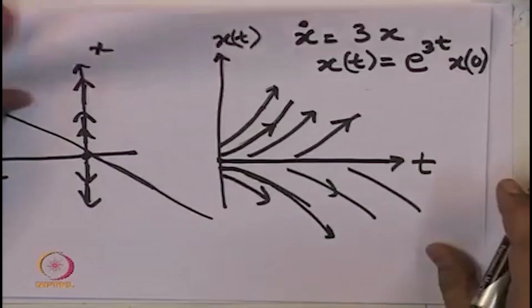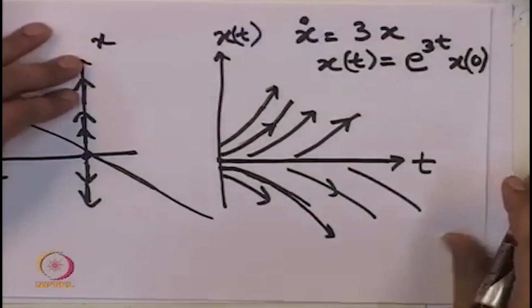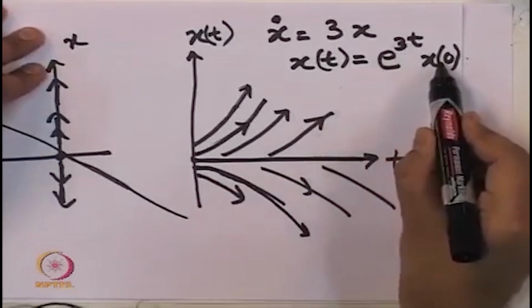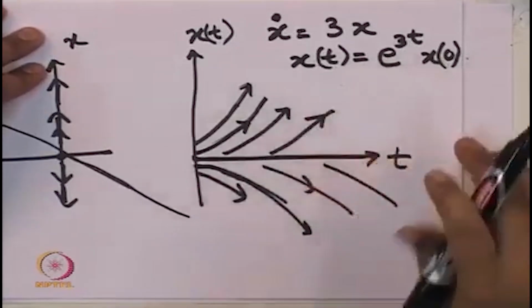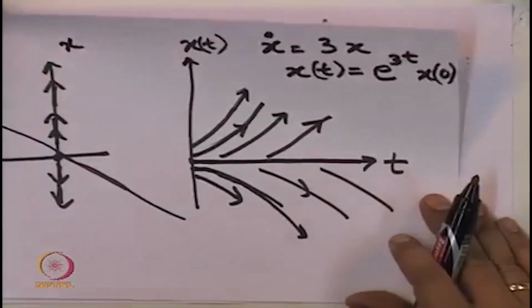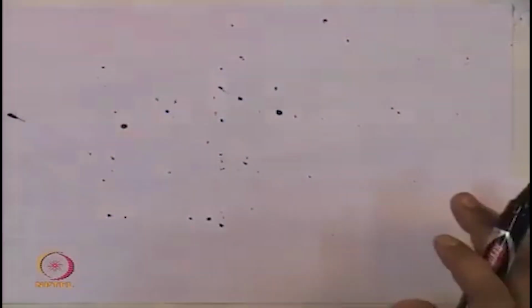Which equilibrium solution? The initial condition corresponding to 0, in which situation e to the power 3t times 0 will always be equal to 0, no matter what time instant t we are interested in. So, we will quickly take an example where the slope is negative.